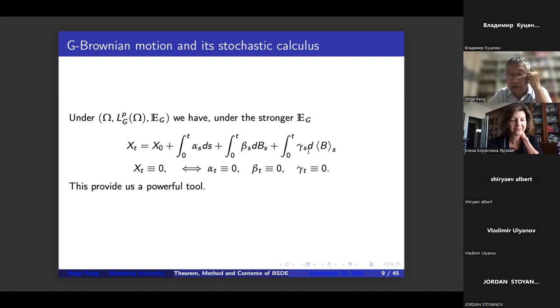Of course, it's a generalization. Once this function G becomes linear, then this term becomes the ds process.